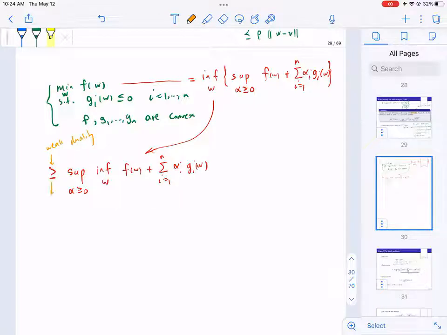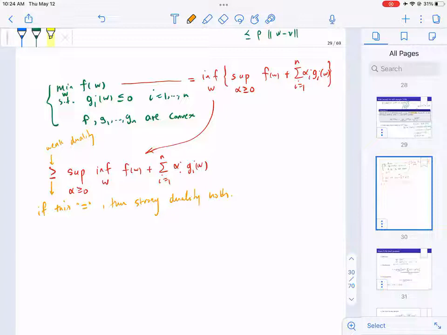But if this is equality, good things happen. Then we say that strong duality holds. Under some conditions on the optimization problem and these functions, oftentimes strong duality holds.